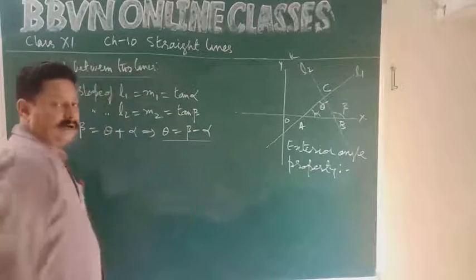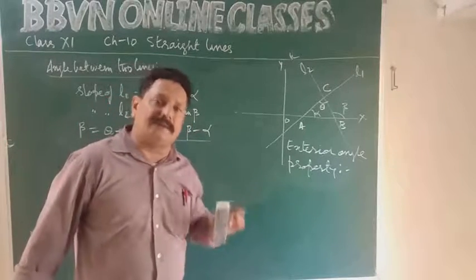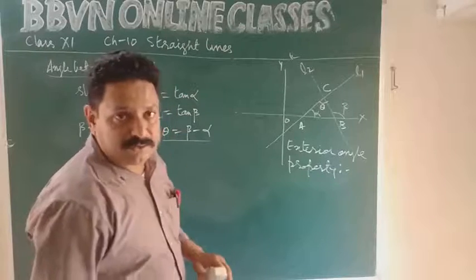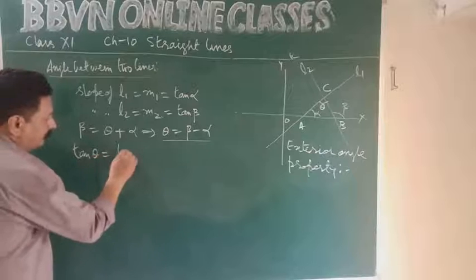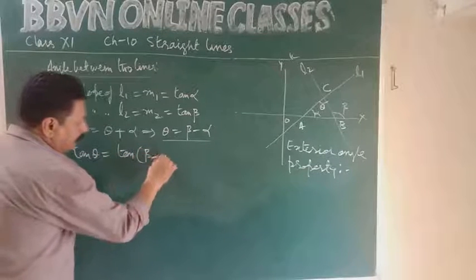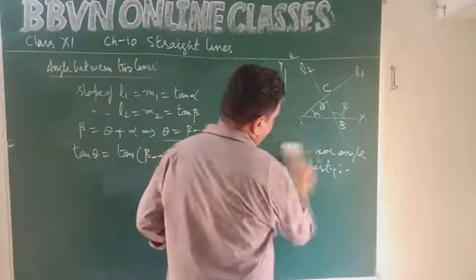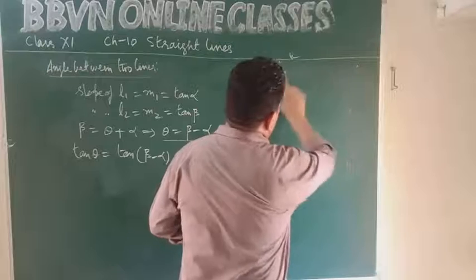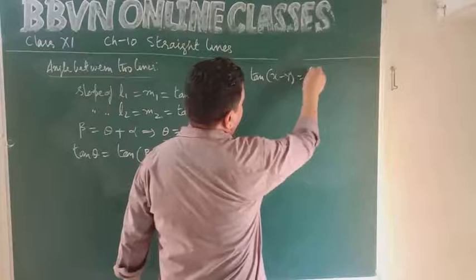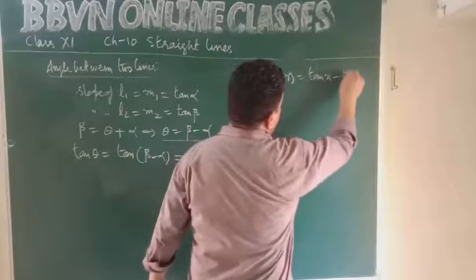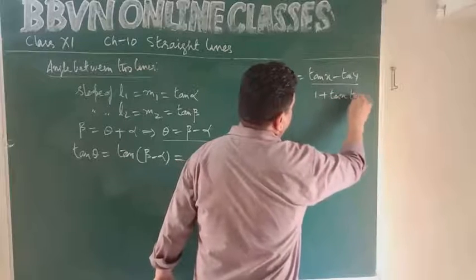In this equation, I will take the tangent ratio on both sides. If two angles are equal, then the tangent ratio should also be equal. So tan theta is equal to tan of beta minus alpha. Now we will apply the trigonometric identity: tan of x minus y equals tan x minus tan y upon 1 plus tan x tan y.